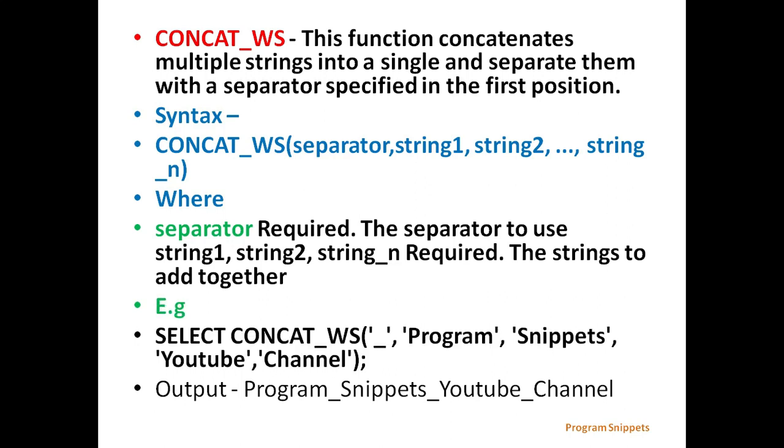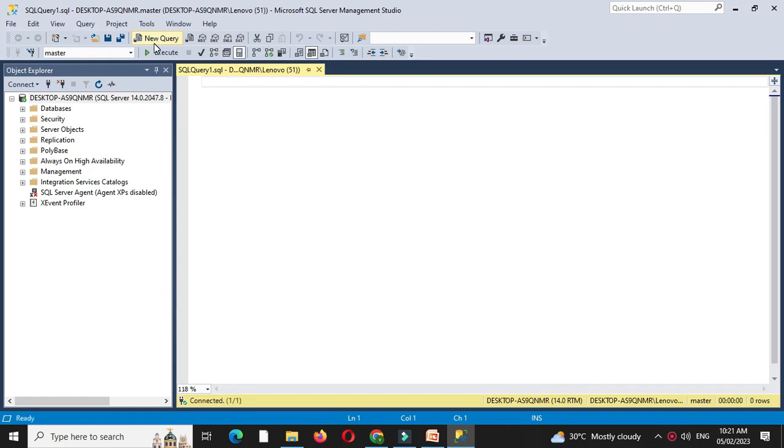For example, SELECT CONCAT_WS('_', 'program', 'snippets', 'YouTube', 'channel') gives the output program_snippets_YouTube_channel. Here we will see executing these string functions in SQL.